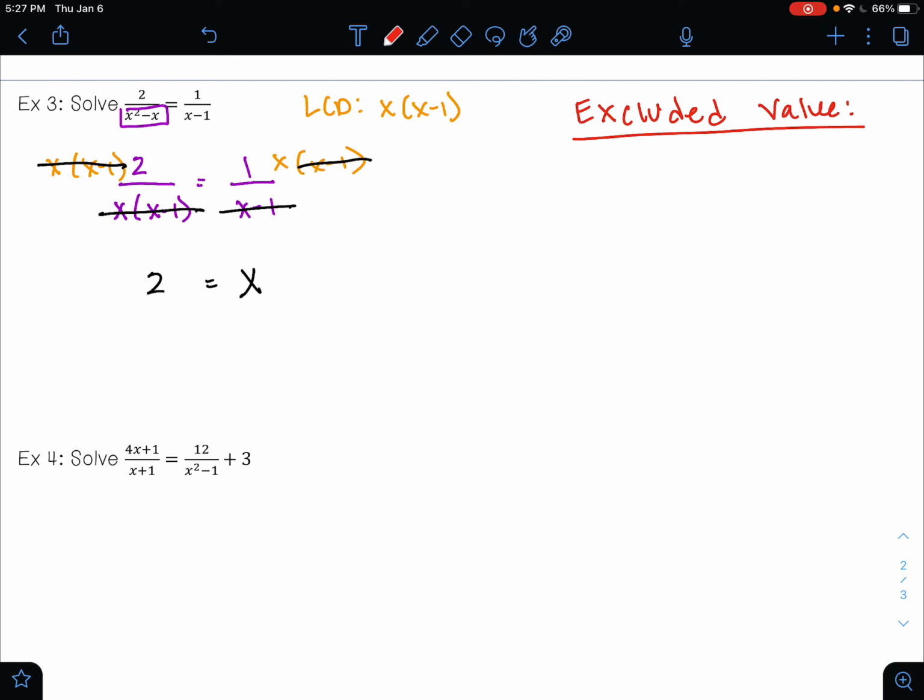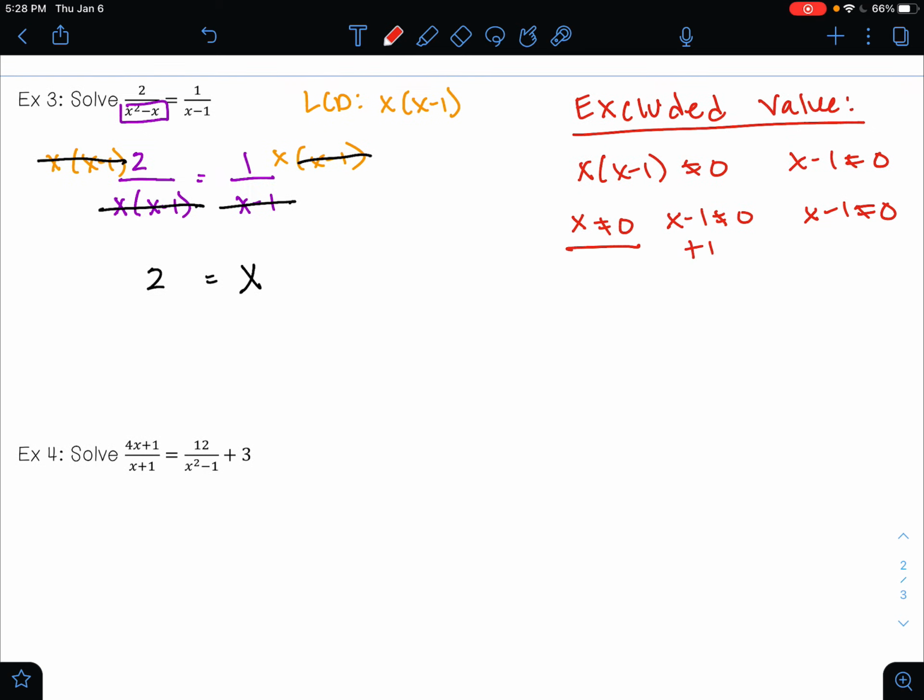So I have to set each of these equal to 0. So I'm going to have x times x minus 1 can't be 0, and x minus 1 can't be 0. Right here, I'm just setting each factor equal to 0. And so I know x can't be 0.